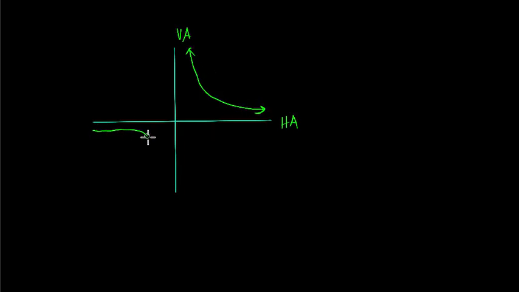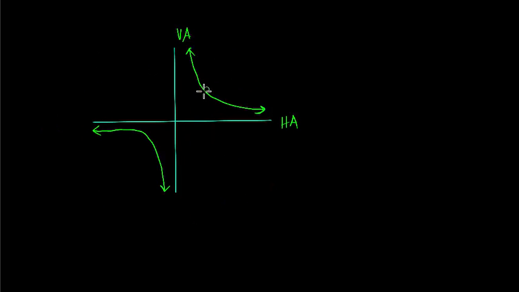Okay, so these lines I'm drawing here are not the x and the y axis. They are my horizontal and vertical asymptote. So this is my vertical asymptote, my horizontal asymptote, and now I've got my graph between these. I don't care where my x and my y axis are, they're somewhere.